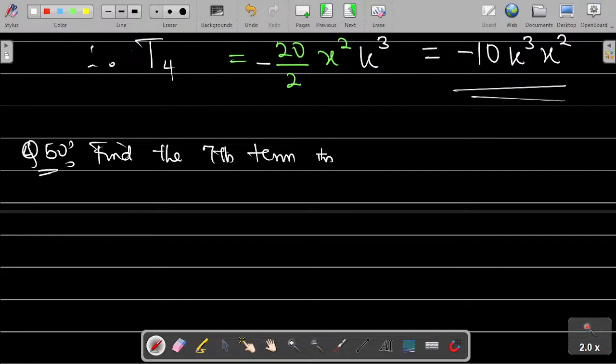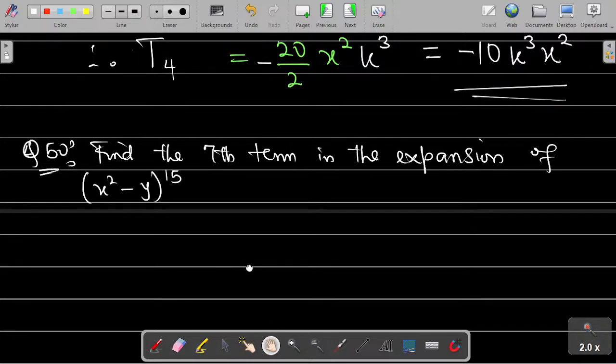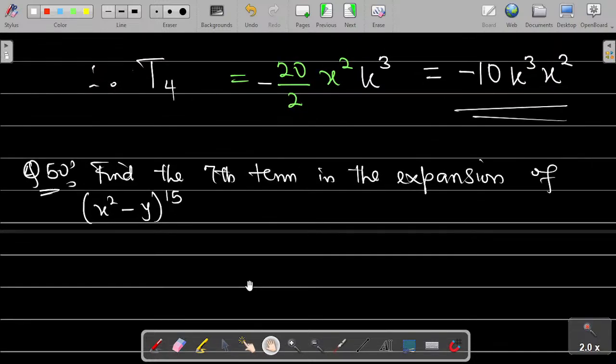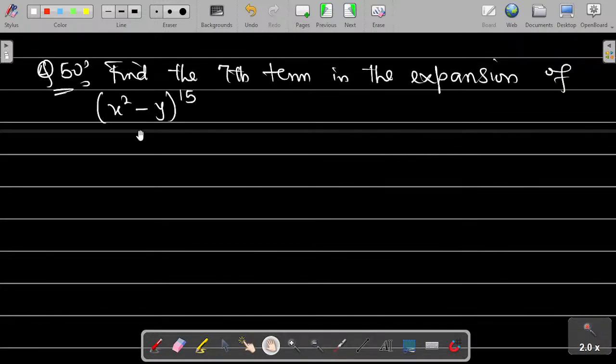Find the 7th term in the binomial expansion of x squared minus y raised to the power of 15. Wow, this is huge. And that's why you see what we were doing here, all this approach of getting the exact term is the only way out. Imagine getting to expand up to power of 15.